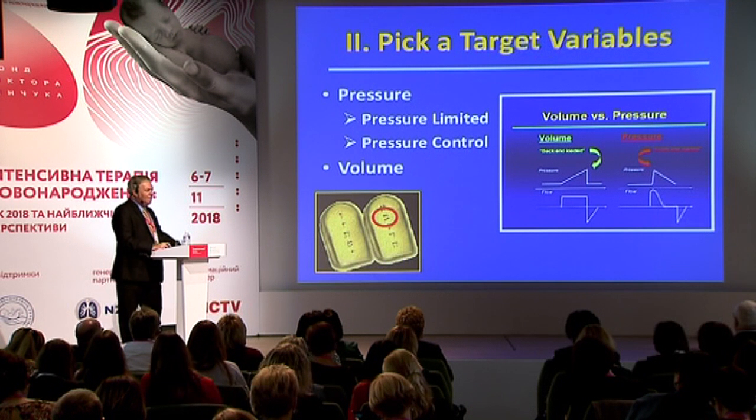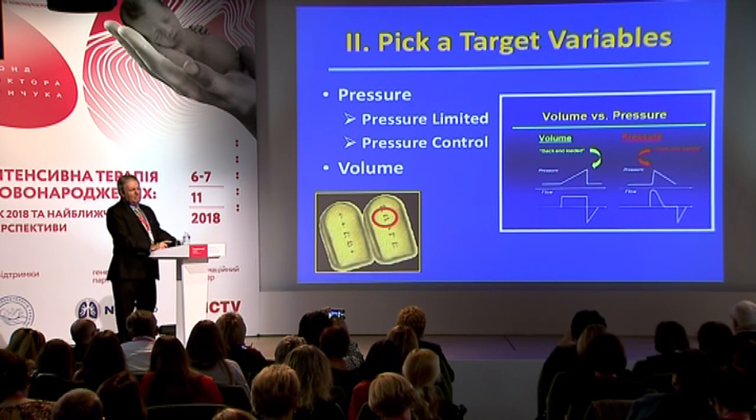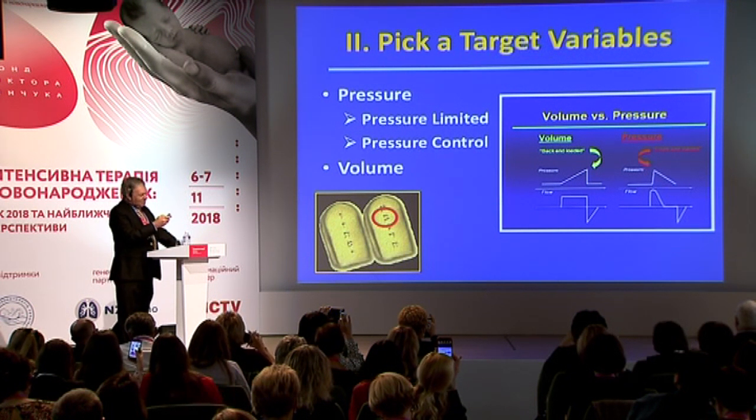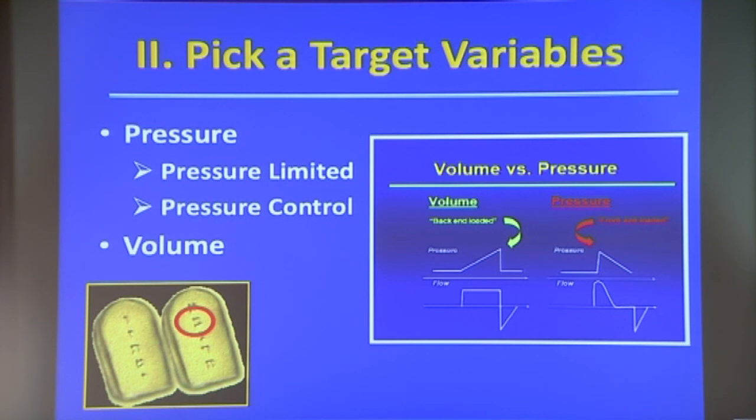So the second rule then is to pick a target variable. And by that I mean either selecting a pressure-targeted mode of ventilation or a volume-targeted modality of ventilation. Because I'm going to talk more about this in my next presentation, we'll skip over it fairly quickly.